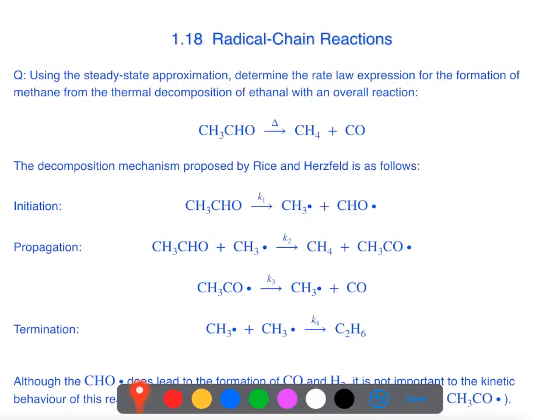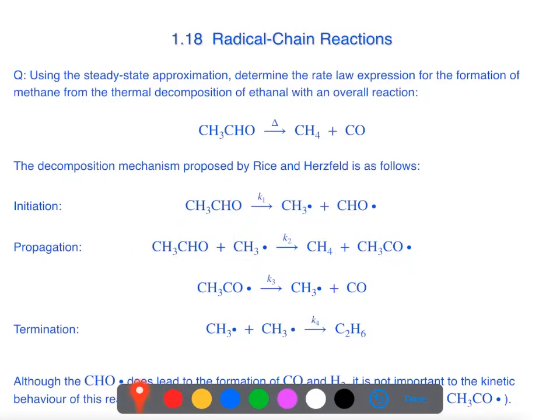And there are two propagation steps proposed in this mechanism. The first is the methyl radical produced in the initiation step reacting with a molecule of ethanol or acetaldehyde to give you methane and the CH3CO radical species.